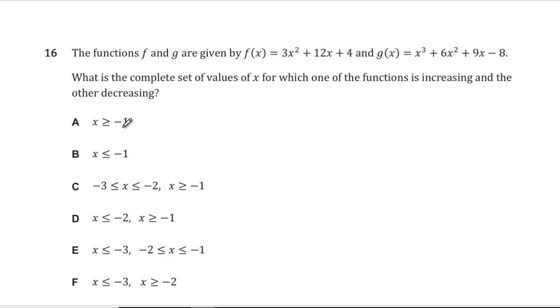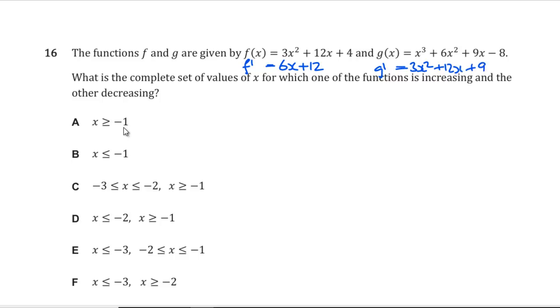Right, so the functions f and g are those. What is the complete set of values of x for which one of the functions is increasing and the other one is decreasing? Right, so f dash is going to be 6x plus 12, and then g dash is 3x squared plus 12x plus 9.